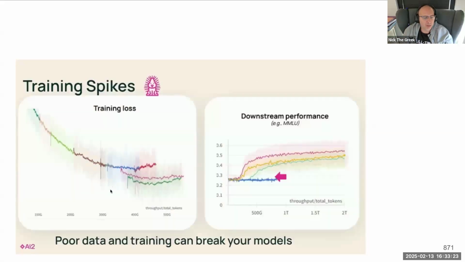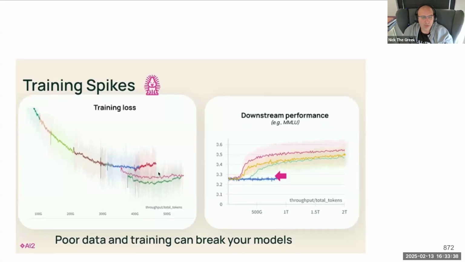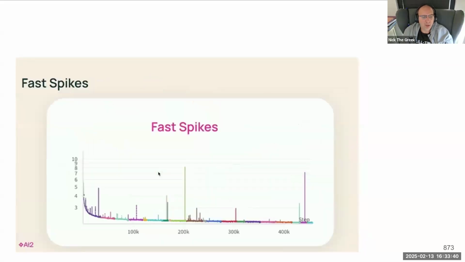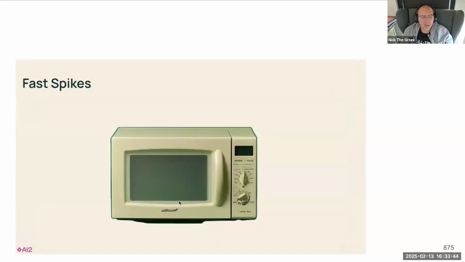And that's an example where your training loss is doing well, but on the downstream tasks, for this blue curve, you get horrible performance because something is going wrong. And you have what people call the fast spikes. And now you wonder what this microwave is.